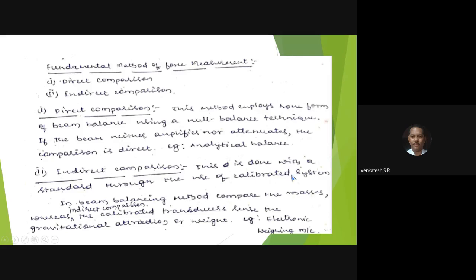For example, all of you have seen the electronic weighing machine or digital weighing machine. Nowadays, all the jewelry shops, all the provision shops, and the weigh bridge use the electronic weighing machine.